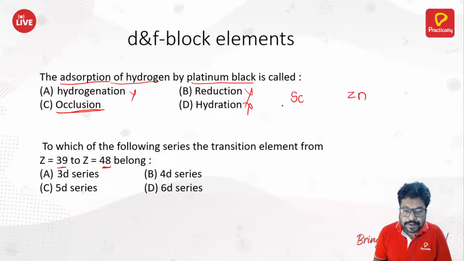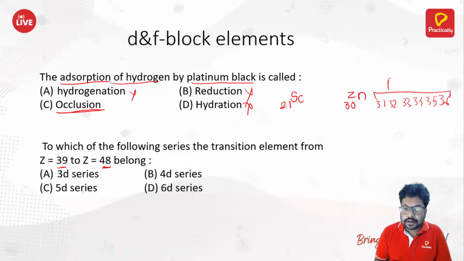Atomic number of scandium is 21. Atomic number of zinc is 30. After that, you have 6 p block elements: 31, 32, 33, 34, 35, 36. All of these are p block elements.